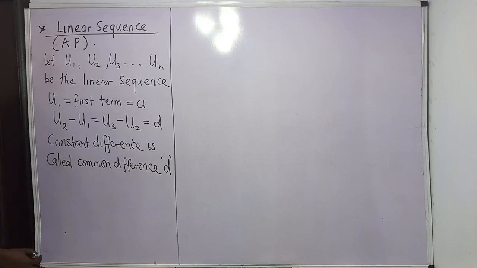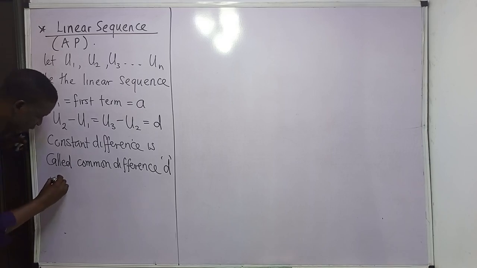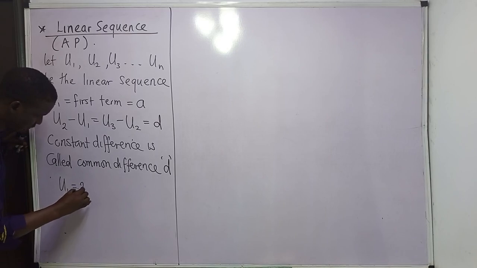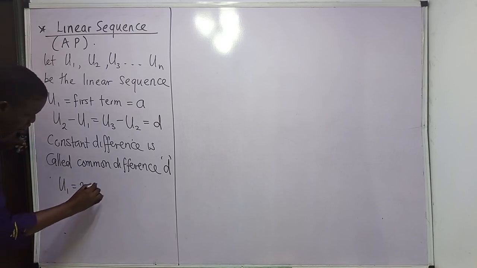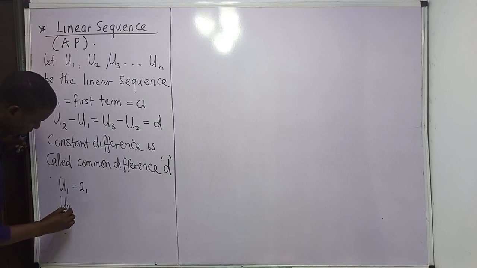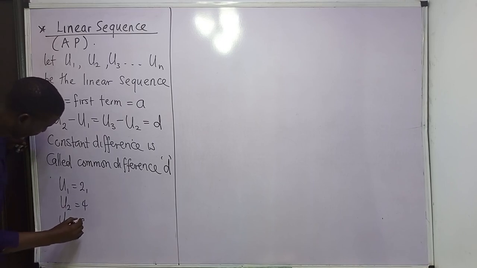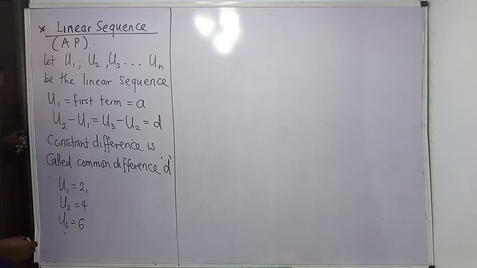Now, the nth term. We check the first term. For example, if I give you U1 equals 2, let's say U2 is 4, U3 is 6.